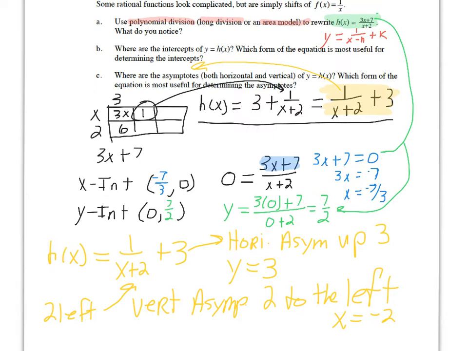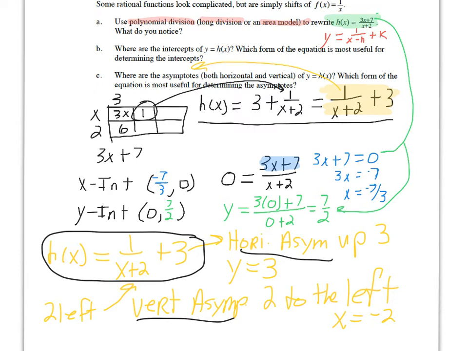So the takeaway from this page is that the transformed equation is going to help you find your vertical and horizontal asymptotes, while the rational expression equation is going to help you find your x and y intercepts.